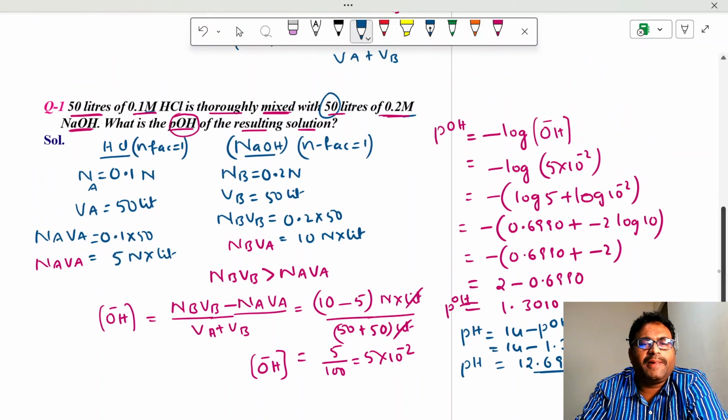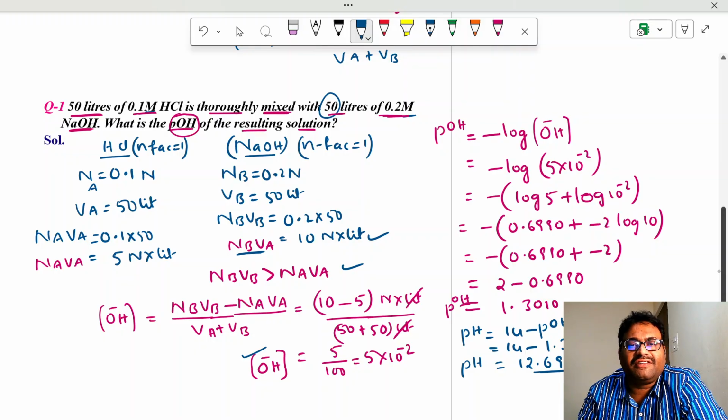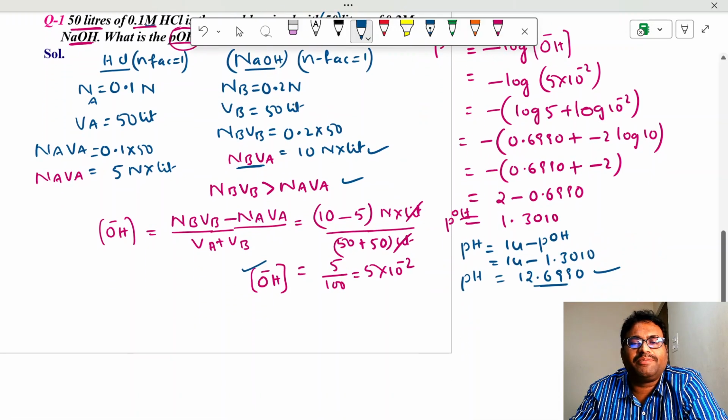So here, as the base's number of equivalents is greater than the acid's number of equivalents, the resulting solution will be basic. The resulting solution has more OH minus ions. As the OH minus ions remain in the solution, it results in a basic solution, and that can also be understood from the pH.